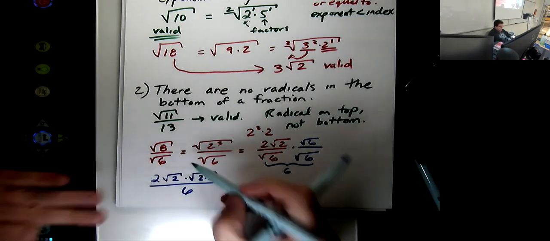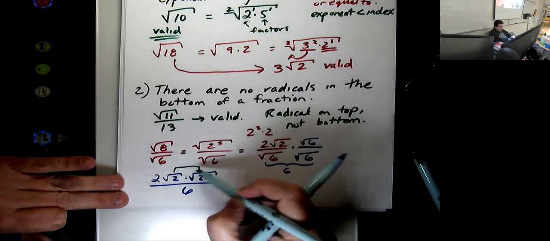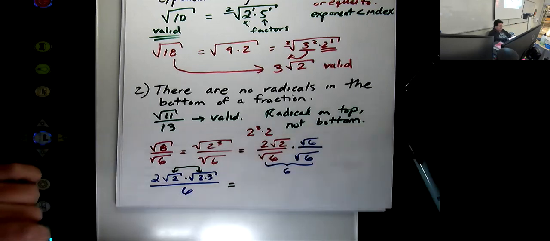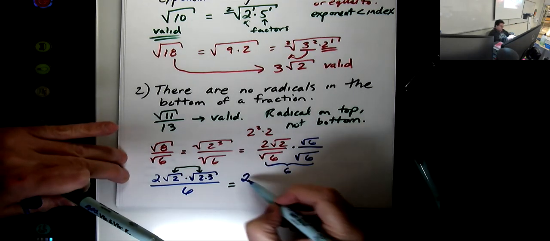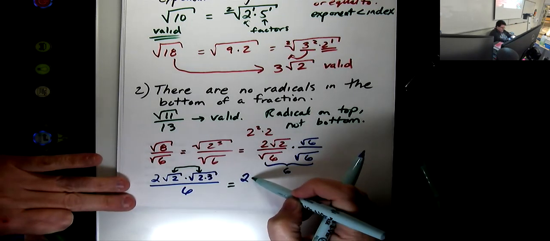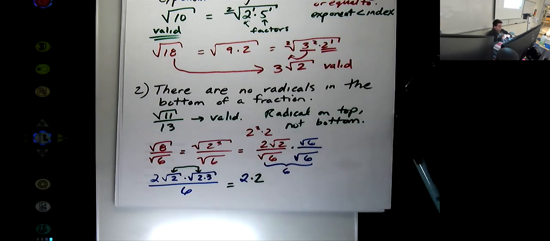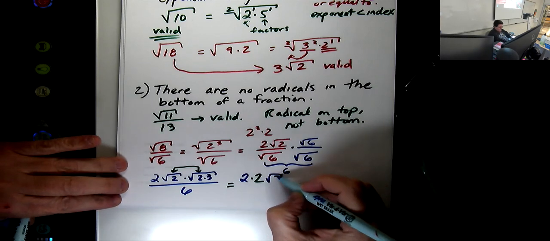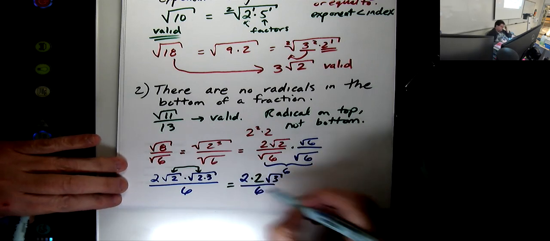This square root of 2 and this square root of 2 can go together and make another 2. So I had my first 2, which is already there, and that popped out another 2. And I'm left with the square root of 3 on top, 6 on bottom.